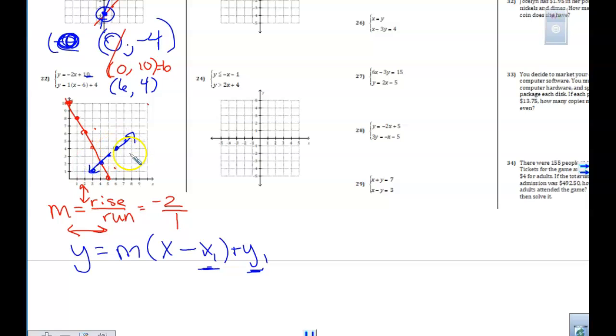And I get my point of intersection. Griffin, what is the point of intersection? 2, 4. Okay. You think it's 4, 2. So Griffin, how would you check it to make sure you did it right with these 2 equations?